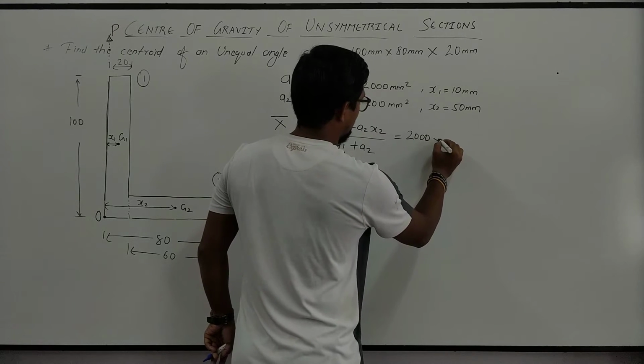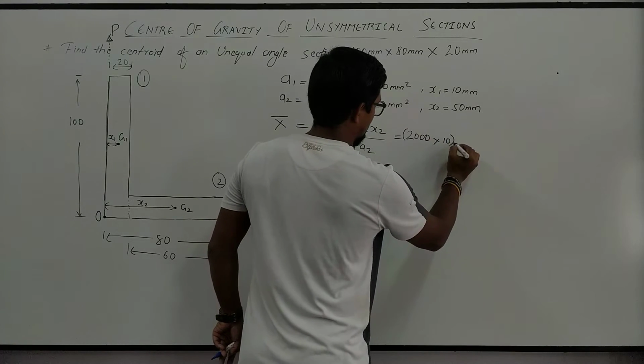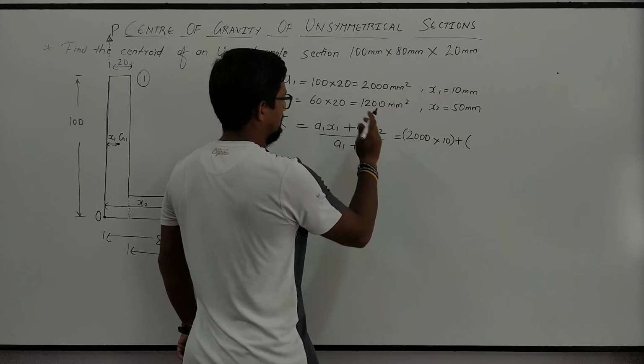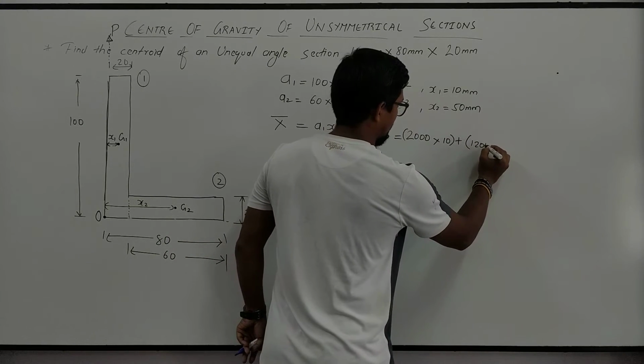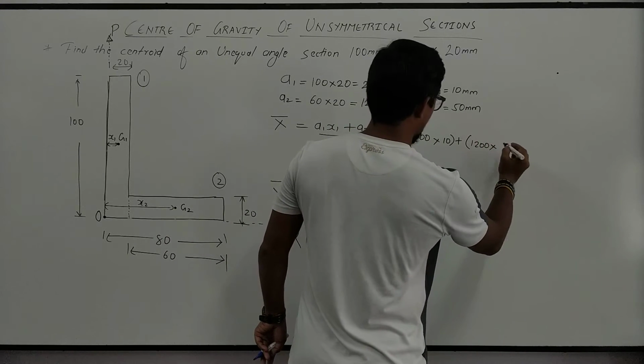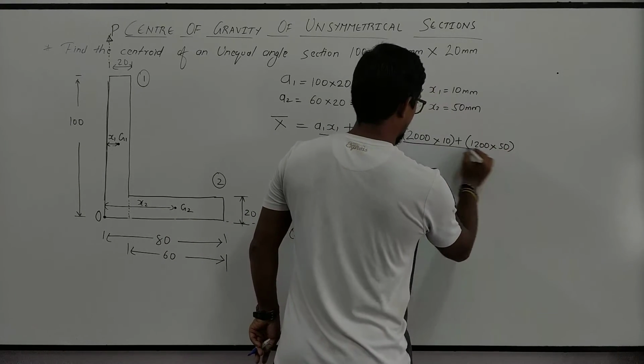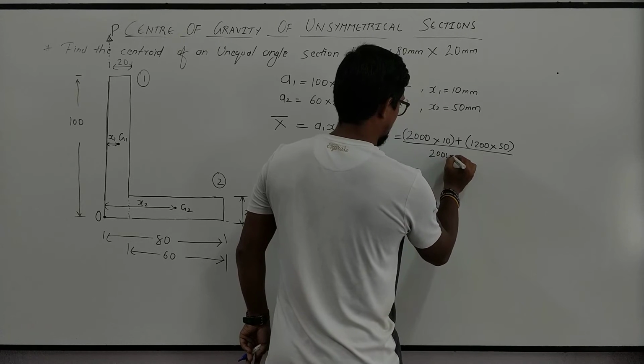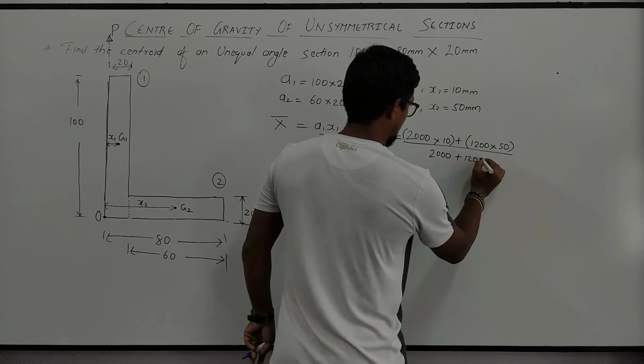2000 into x1 is 10, plus 1200, correct, into 50, divided by 2000 plus 1200.